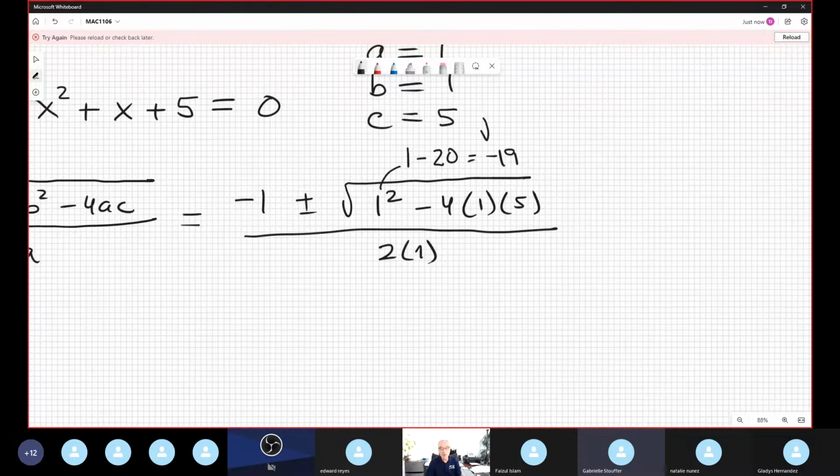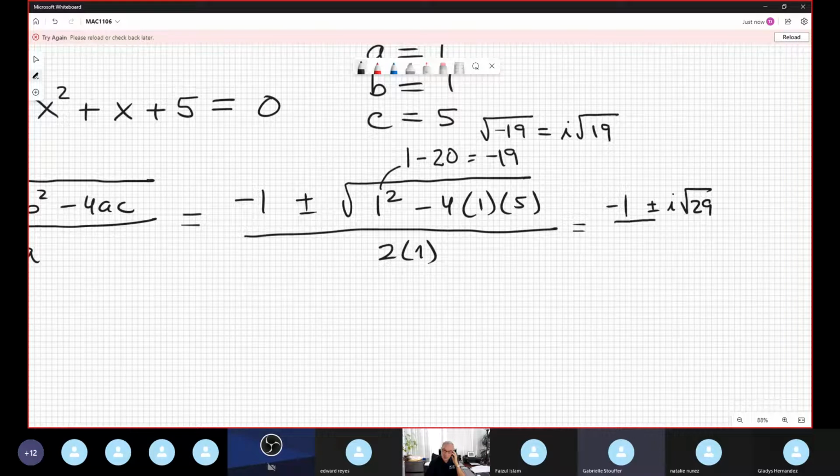Now we compute the square root of negative 19, which, as we studied, is a complex solution, because when you have the square root of a negative number, automatically you see i, imaginary: i square root 19. Leave it like that because 19 is a prime number, so we can do no more simplification. Now it's negative 1, I copy this negative 1, plus or minus i radical 19, divided by 2, because 2 times 1 is 2.